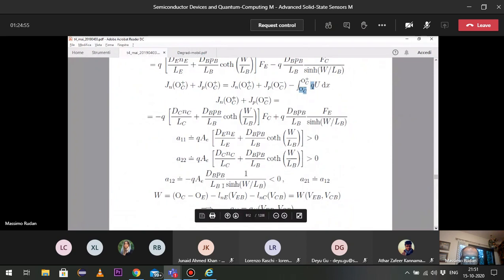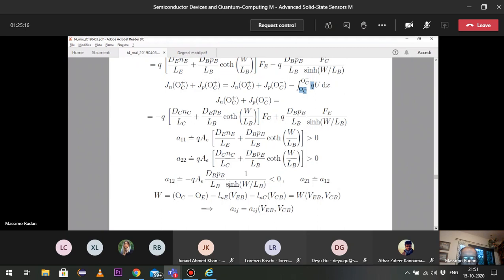When you consider A12 and you have that W is much, much smaller than LB, you remember the hyperbolic sine when the argument is very small, much smaller than 1 in modulus, behaves like the trigonometric sine.